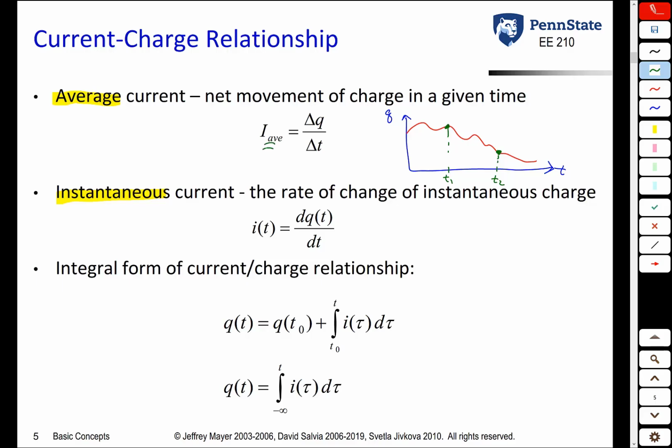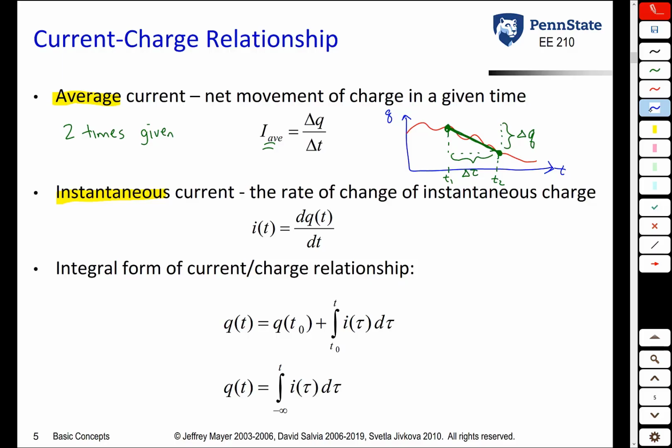The average current then is the net change in charge, delta Q, divided by the change in time, or delta t. Another way to think about it, it is the slope connecting these two charge points. So bottom line, when you talk about average current, you always need to have two times given. So the average current between 1 second and 4 seconds.